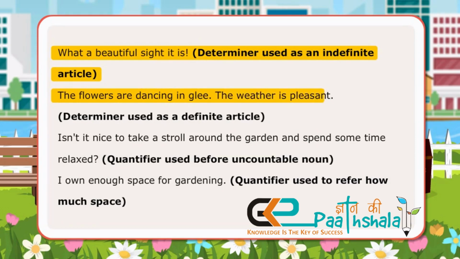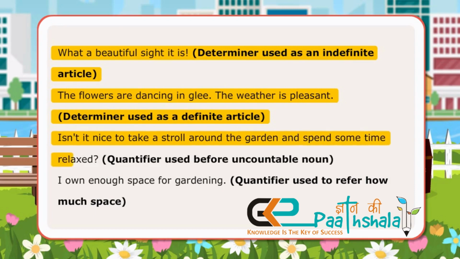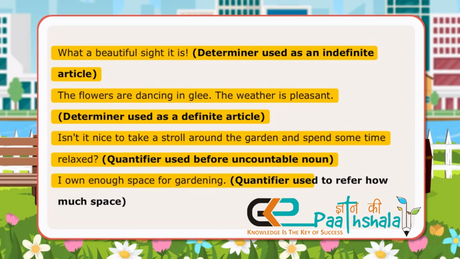The weather is pleasant. Determiner used as a definite article. Isn't it nice to take a stroll around the garden and spend some time relaxed? Quantifier used before uncountable noun. I own enough space for gardening. Quantifier used to refer how much space.